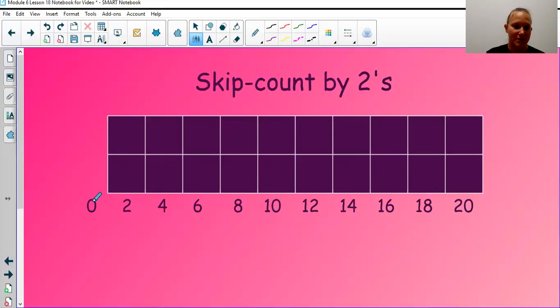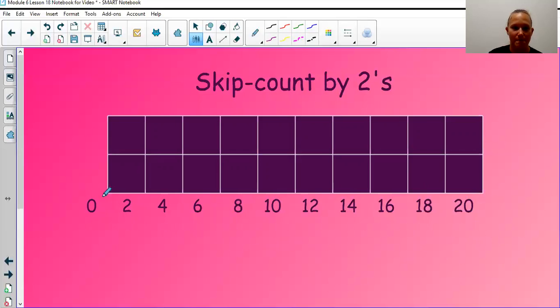If I add 0 plus 0, that equals 0, and we know double facts create even numbers. So let's go ahead and start with 0 and practice skip counting by twos. 0, 2, 4, 6, 8, 10, 12, 14, 16, 18, 20.